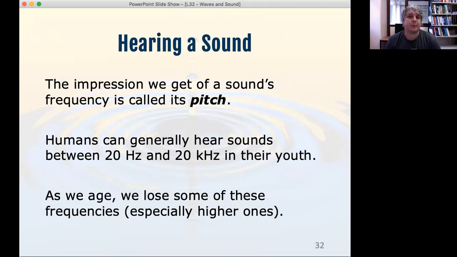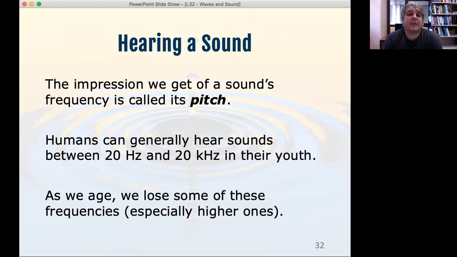The pitch is the impression we get of a sound's frequency. So the sound has a frequency. When it hits our eardrum and turns into a signal which gets sent to our brain, that signal interpretation in our brain is the pitch. So the pitch is something that we experience. The frequency is a property of the wave. So it's a little distinction. It's not that critical, but I just thought I'd point that out.